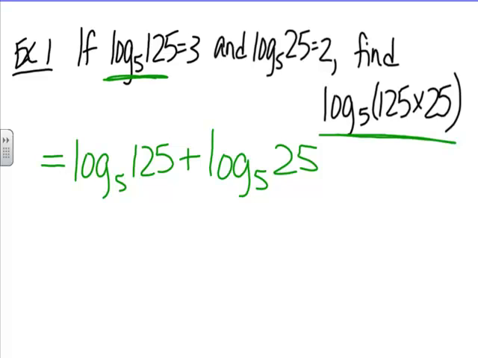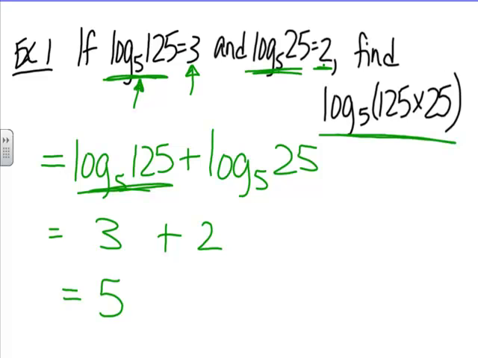And from up here, it shouldn't be too surprising because when I take 5 raised to the third power I get 125. So in place of this I'm going to put in a 3, plus log base 5 of 25, which is 2, because 5 squared is 25. So plus 2. And when we add 3 plus 2, that's pretty straightforward, it is equal to 5.